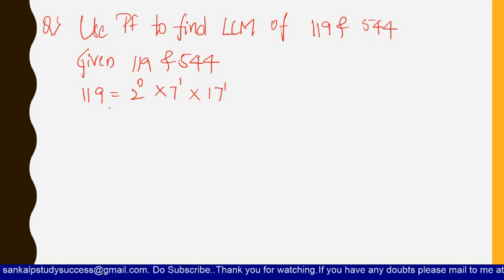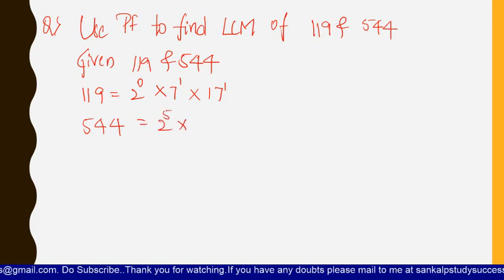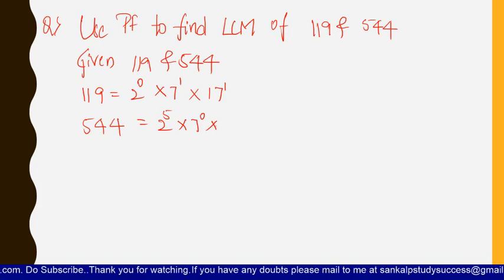This is the canonical decomposition of 119. What is the canonical decomposition of 544? It is 2 to the power of 5 into 7 to the power of 0 into 17 to the power of 1. Okay, this is the canonical decomposition of 544.